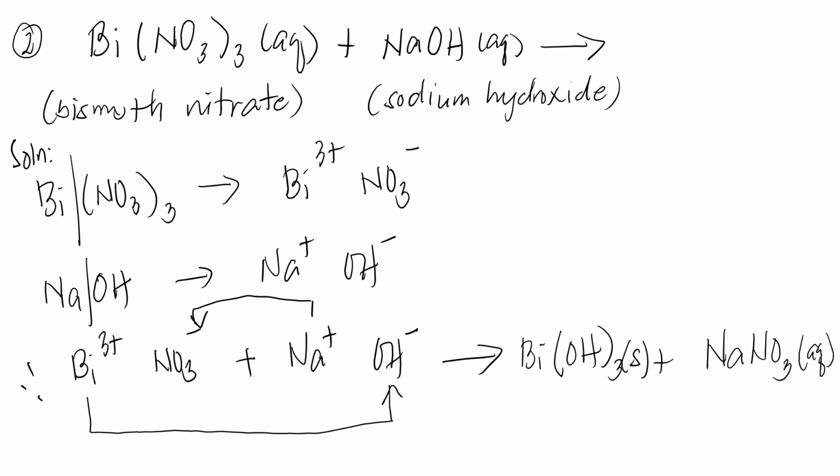So we have here the bismuth hydroxide with an S. Next, for sodium nitrate, the substance will be in aqueous form. So what we have here is the solid bismuth hydroxide mixed with the aqueous sodium nitrate. So that will be our products.